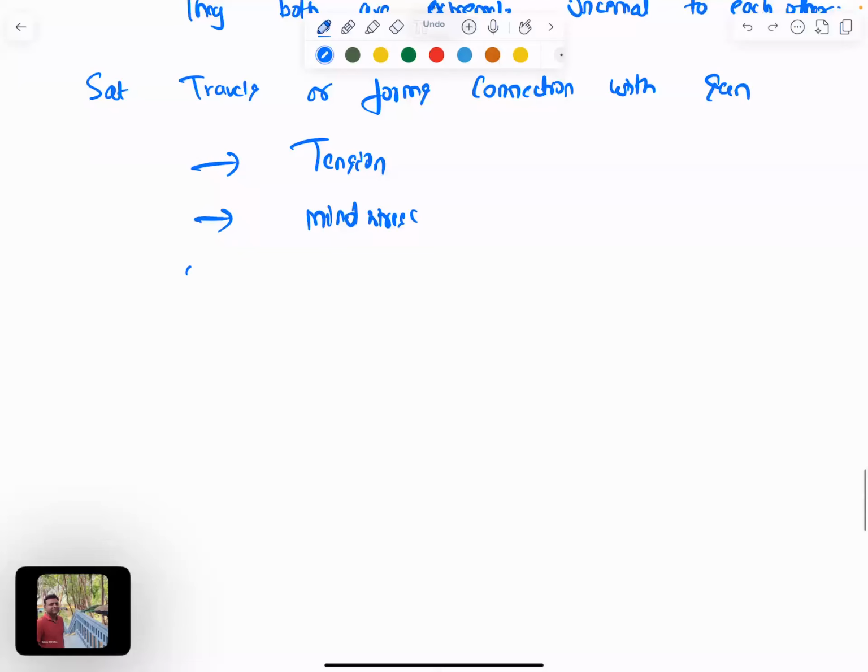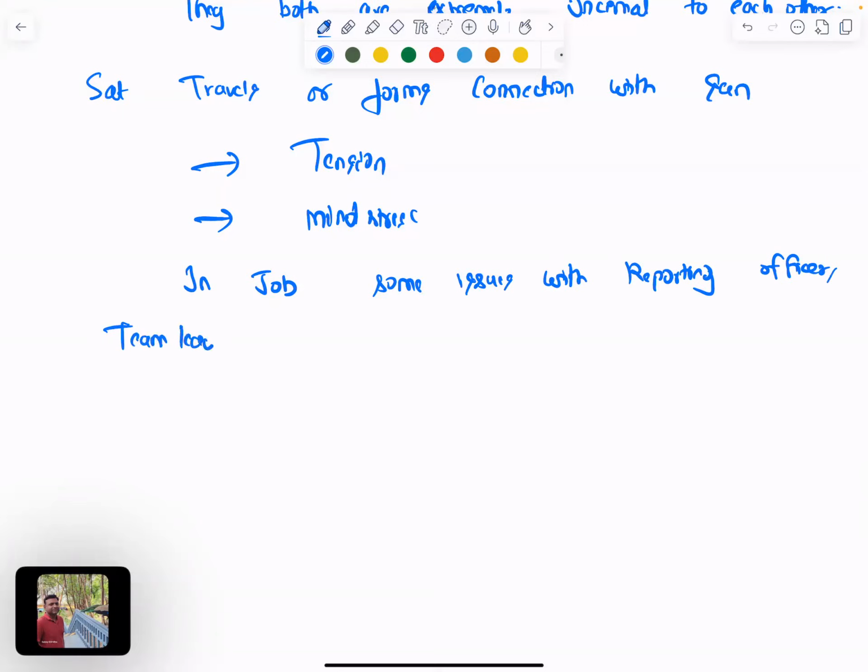and in job, some issues with the reporting officer or your team lead, problems with the government or any government related work.